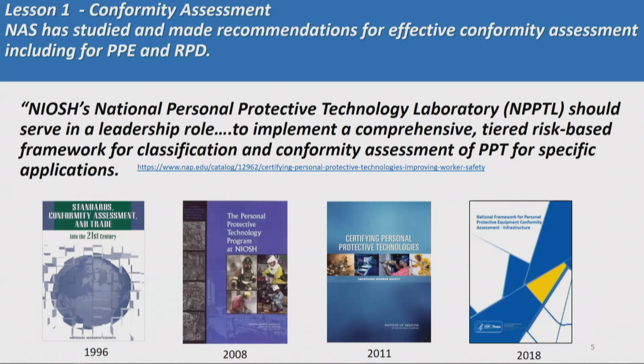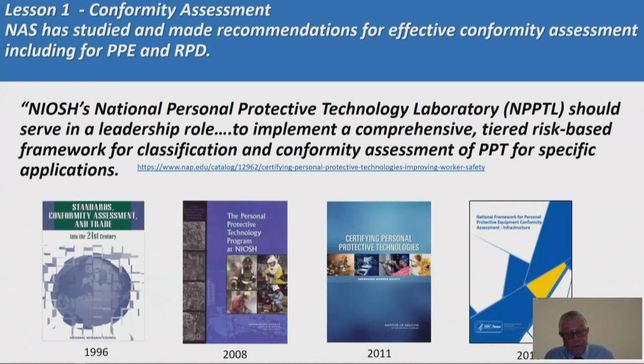In 2008, the Institute of Medicine and the NRC further made a recommendation that NIOSH should collaborate with many different organizations to conduct an assessment of the certification mechanisms needed to ensure the efficacy of all types of personal protective technologies. In 2011, it made recommendations that NPPTL should serve in a leadership role to develop and implement a comprehensive risk-based framework for the classification and conformity assessment of PPT.